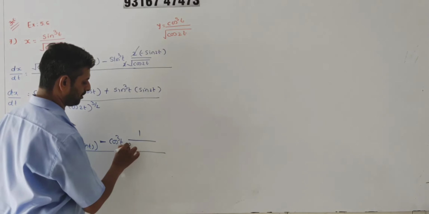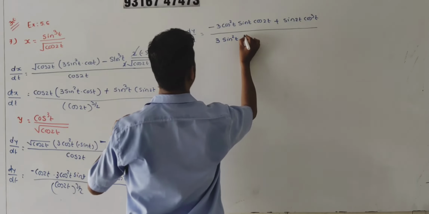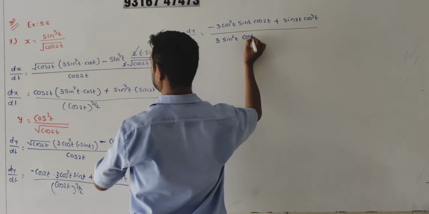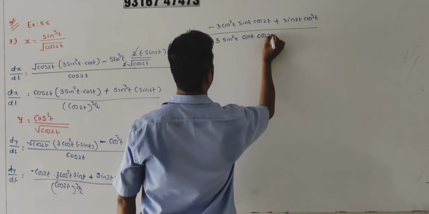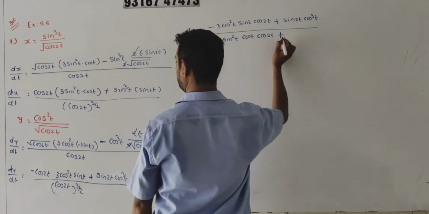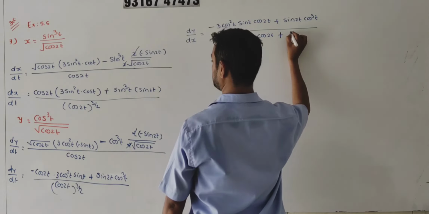This denominator and this denominator will go with each other. So I will write directly this, 3 sin square t cos t cos 2t plus sin 2t sin cube t.